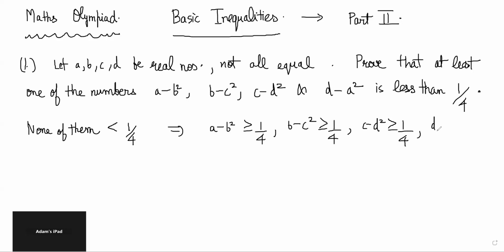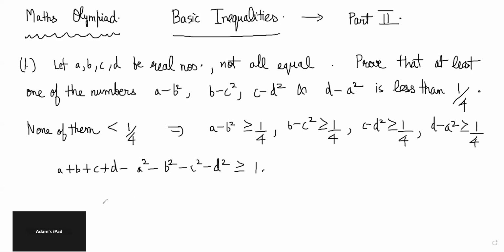What you can do is add all of those inequalities, and then you get that A plus B plus C plus D minus A square minus B square minus C square minus D square is greater than or equal to 1.